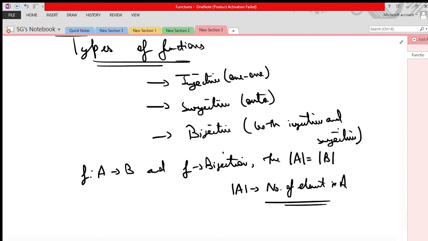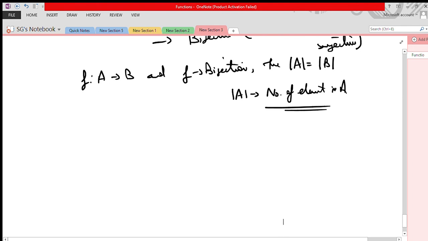So what is the definition of a one-one function?